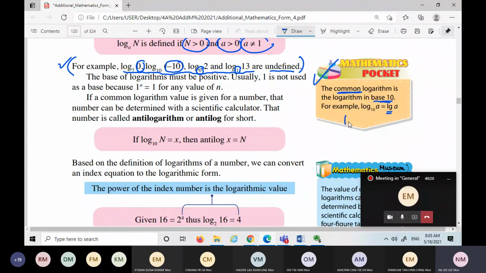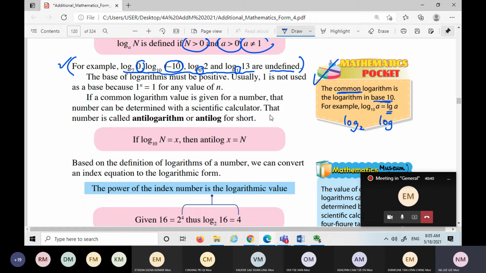You have to write in full for other bases, for example base 2. Only log 10 you are allowed to write lg. And without the 10 also can. Sometimes we write log without the base also. We understand that it's base 10.